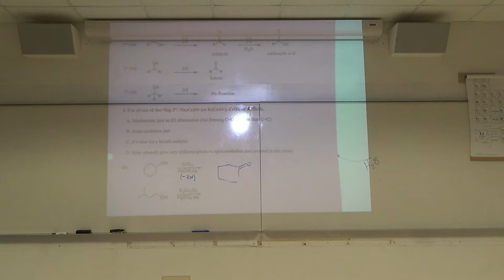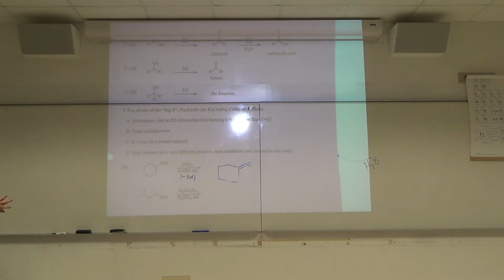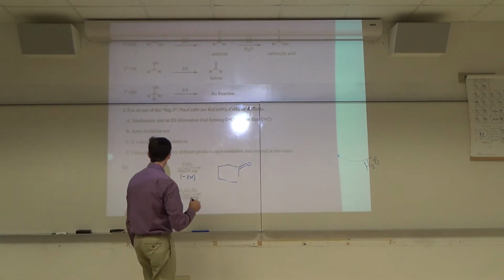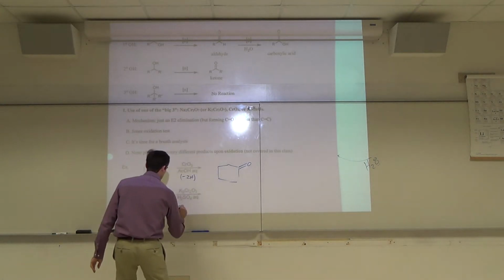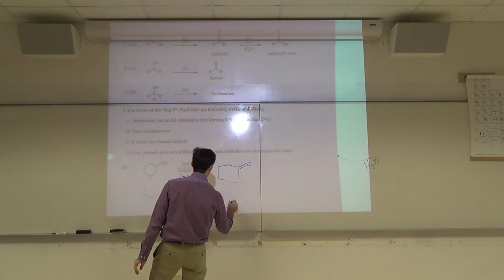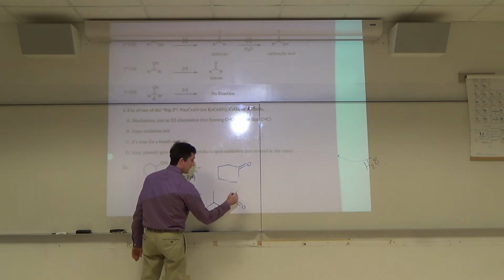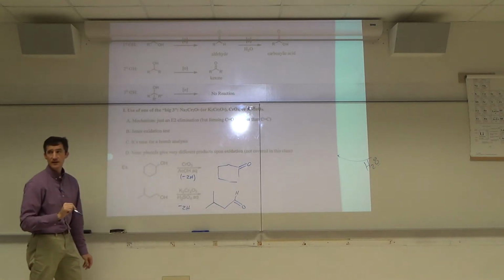Well, we didn't do the mechanism over there. Okay? How about down here? What do you get? Well, if you lose two H's, you first get a double bond to O. How many H's are on this carbon? Only one now. I like to draw in the H of my aldehydes.